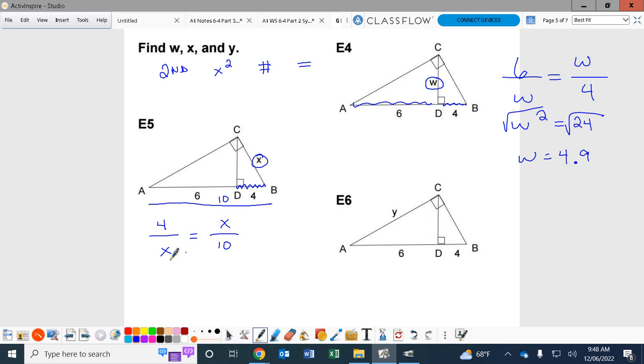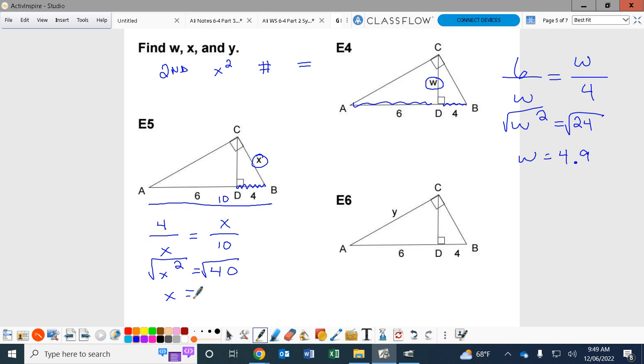So guys, when you cross multiply this, it's going to be x squared equals 4 times 10, which is 40. Take the square root. I'll let you get there writing it first, then try typing it and see what you get.